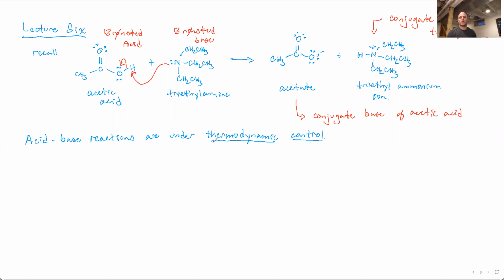What thermodynamic control means here is that the system proceeds to the state of overall lowest energy. The reaction proceeds to favor either the products or the reactants, depending upon the relative energies of those species.